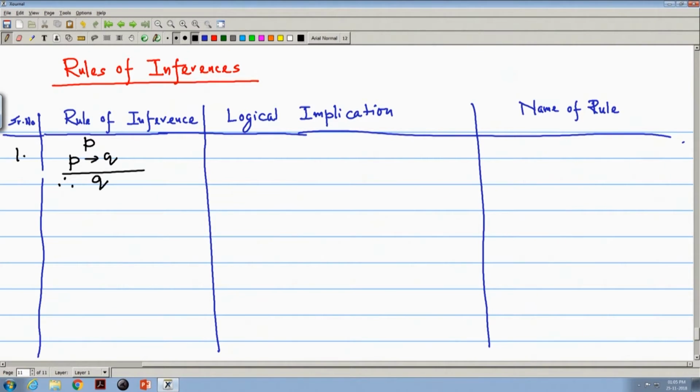Logical implication is nothing but the compound proposition that implies the final result. So, it is P and P implies Q, that implies Q. And the name of the rule we have already seen, this is called the modus ponens.